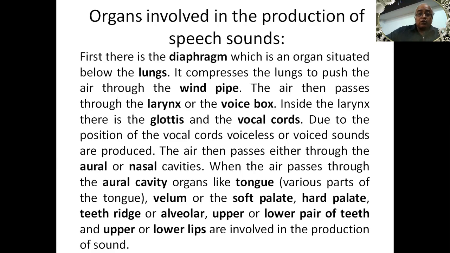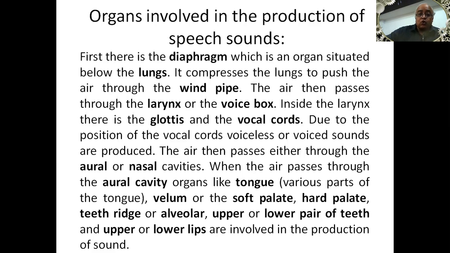Inside the voice box, there is the larynx, and there are the vocal cords inside the glottis, which is again inside the larynx. Now, due to the position of the vocal cords, we have either voiceless or voiced sounds. The air then passes through the oral or the nasal cavities.